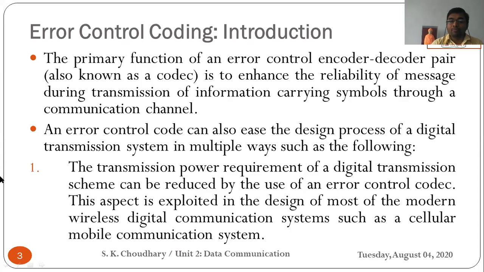So there is a very important aspect of the power requirement of digital transmission, and all communication systems need to reduce the power requirement. This is also a research topic, to reduce the power requirement for communication systems. So when you use the error control codec, it is useful for reducing the power requirement. Okay.